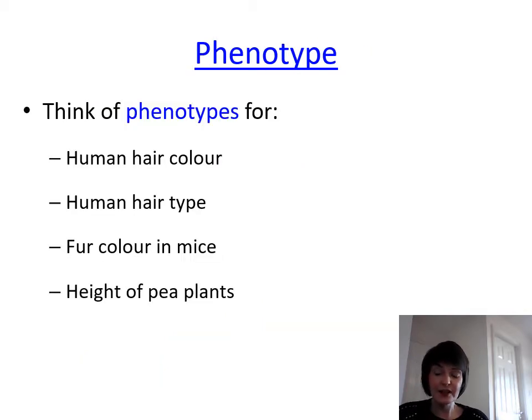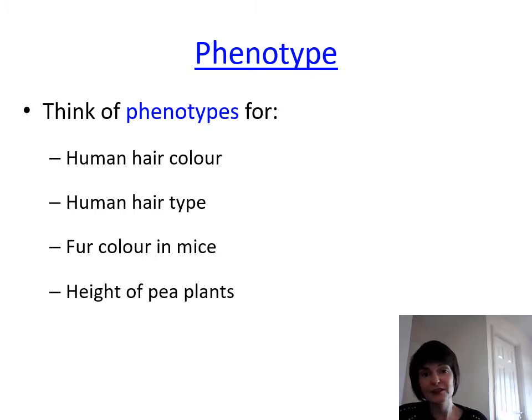Here are a few other things you can think about in terms of phenotypes. For instance, are you able to describe human hair colour? What would be the phenotypes for that? You could have brown, blonde, ginger, black.